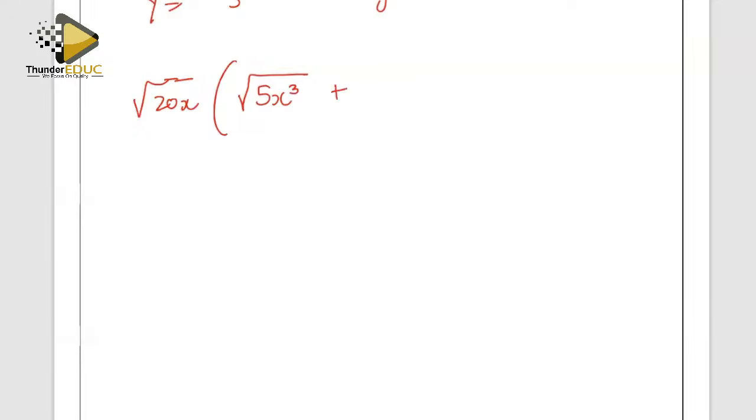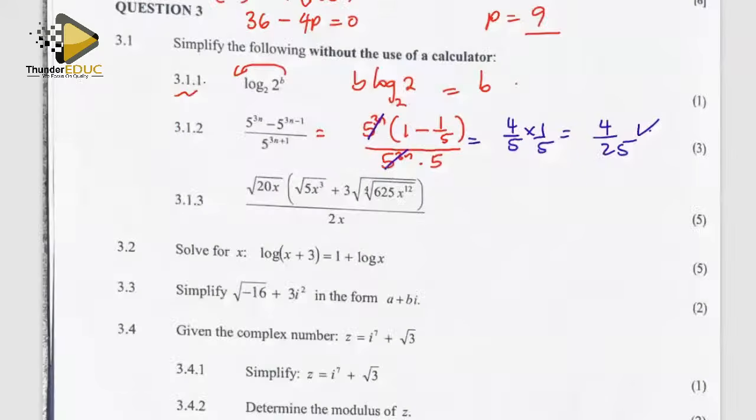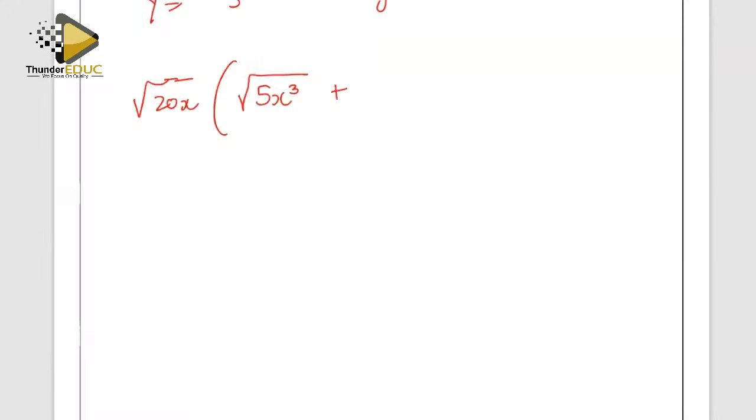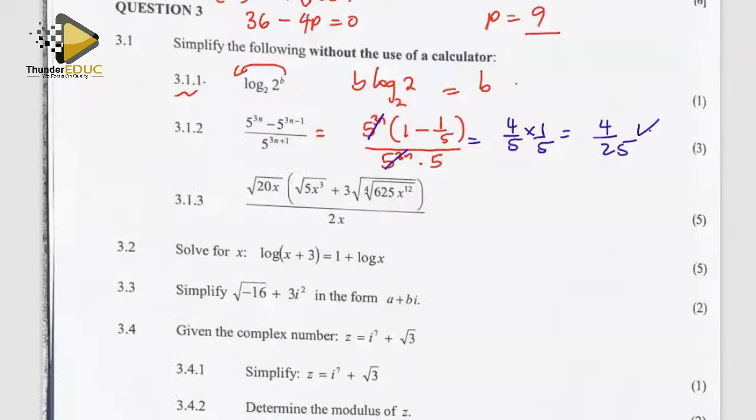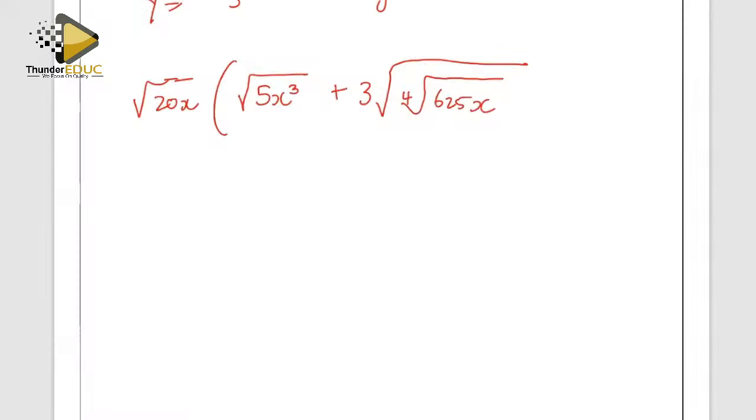Okay, is that a plus? Yes, then 3 square root of the fourth root of 625 x to the 12. Okay, all this must be over 2x.